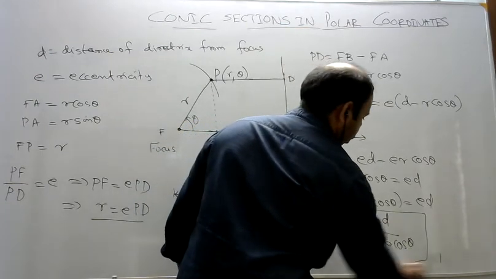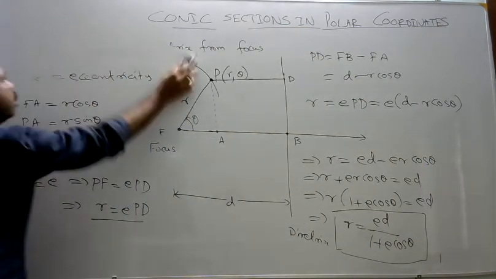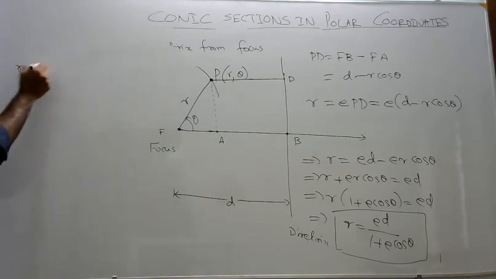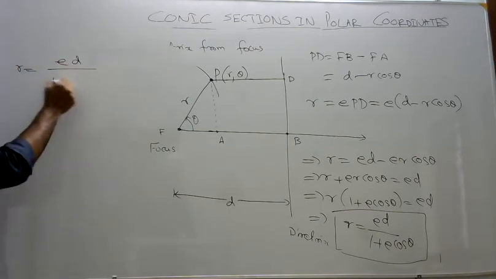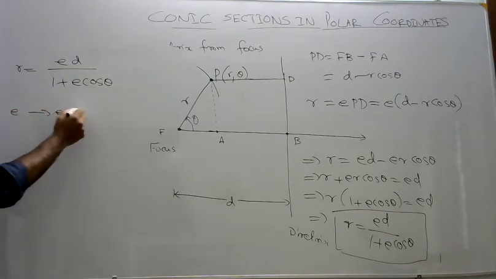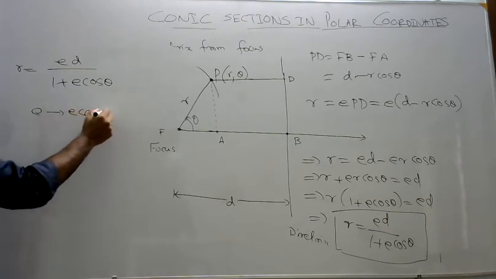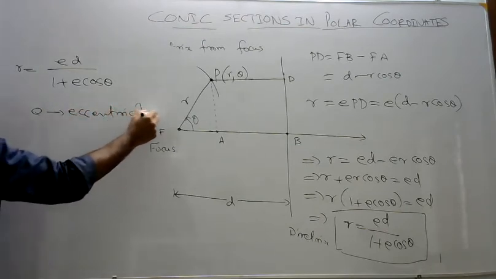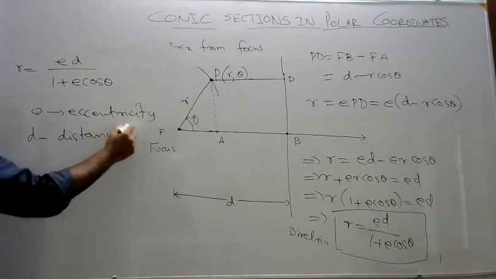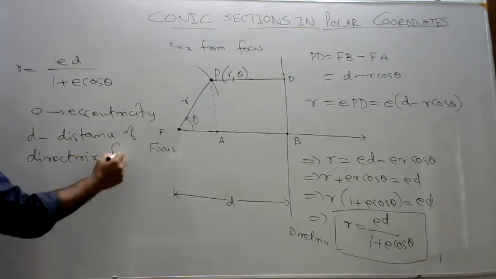This is the equation of the conic in this case, where e is the eccentricity and d is the distance of the directrix from the focus.